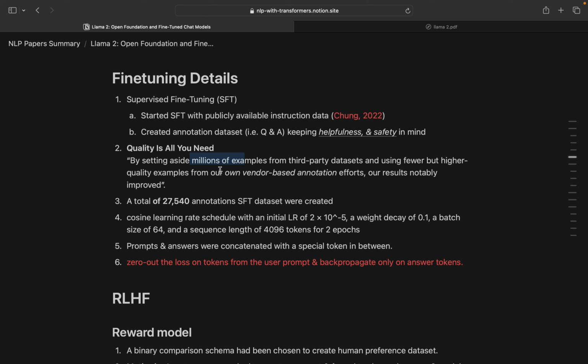So high quality examples came from their own vendors, because Meta tied up with many vendors to come up with this data, and they mentioned that this vendor-provided data has improved their results by a large margin. In short, quality matters and not really the quantity.